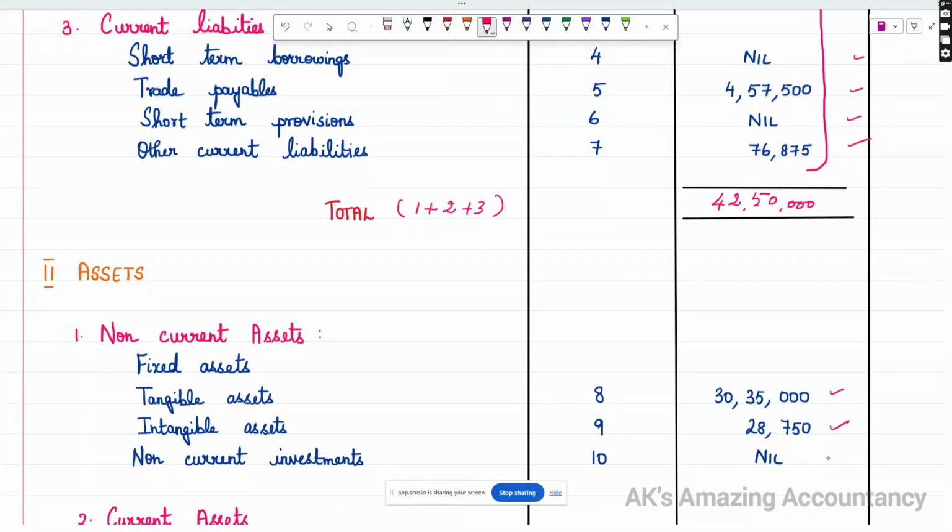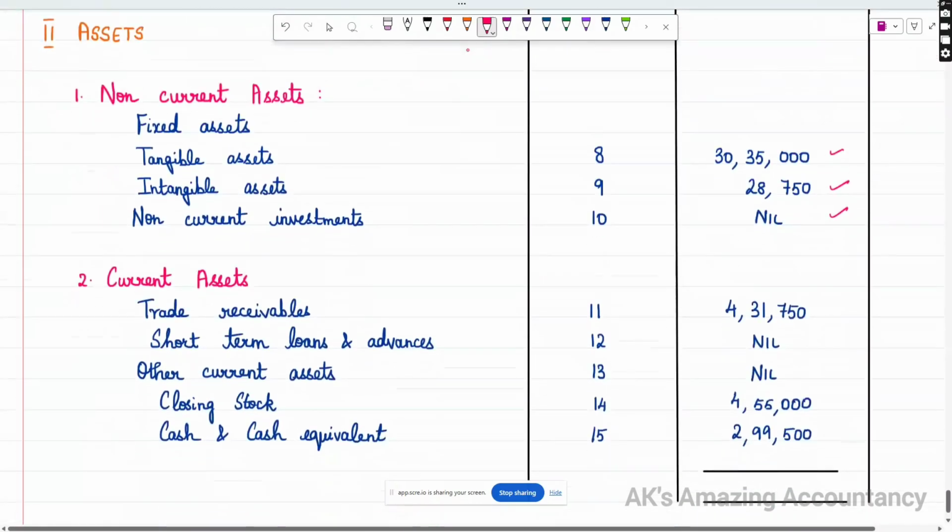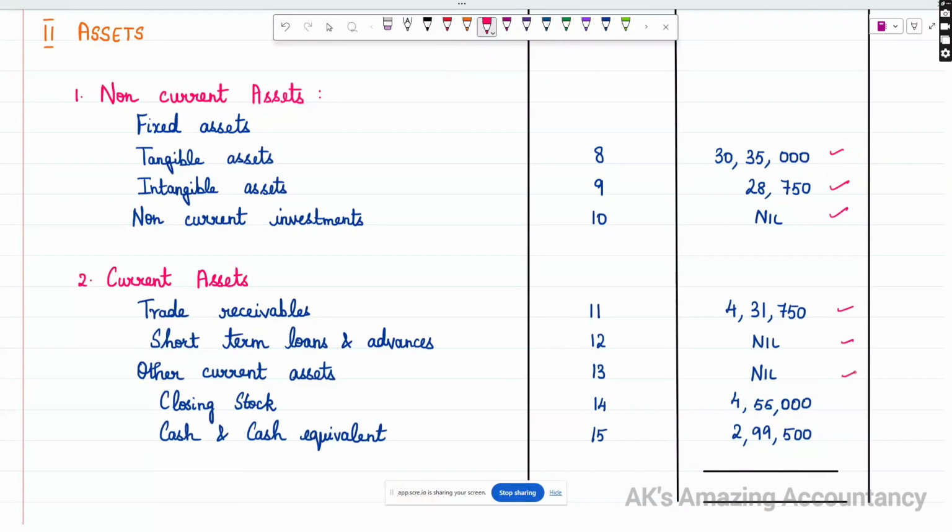Non-current investments, note 10, is nil. Then under current assets, you have trade receivables, which we have prepared already as note 11, 4,31,750. Short term loans and advances, note 12, nil. Note 13, other current assets, also nil. Closing stock, note 14, 4,55,000.